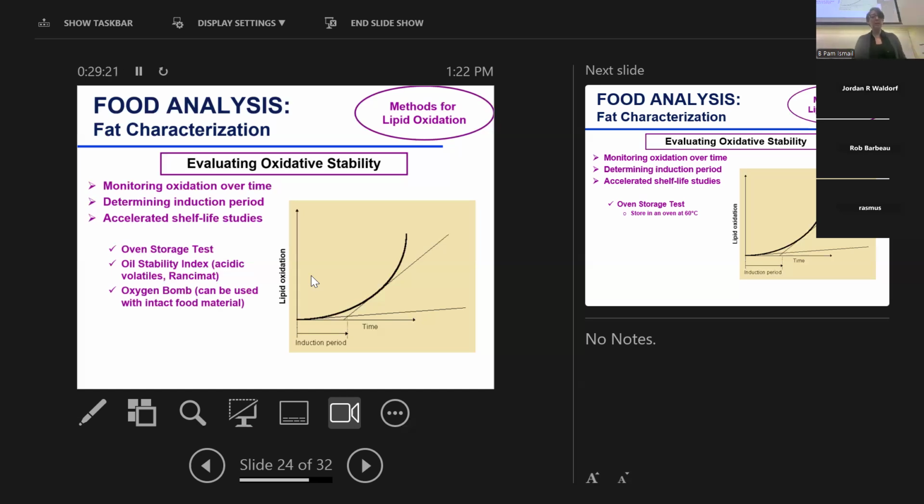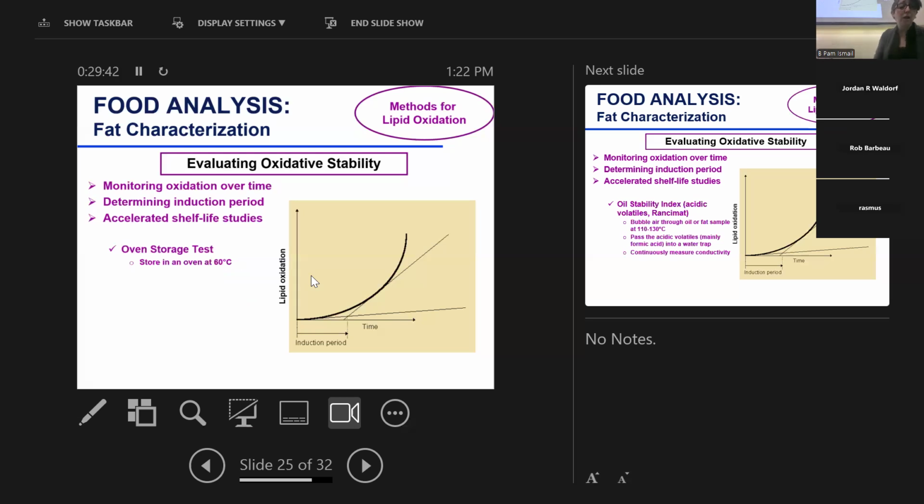So in this case, we are measuring the induction period, very fresh oil. We are having an experiment with antioxidant or just comparing different oils to each other. We abuse the sample if we want to accelerate. So oven storage is simple.